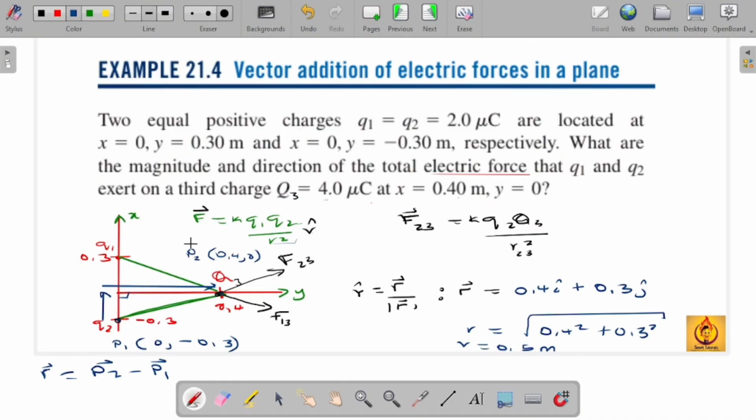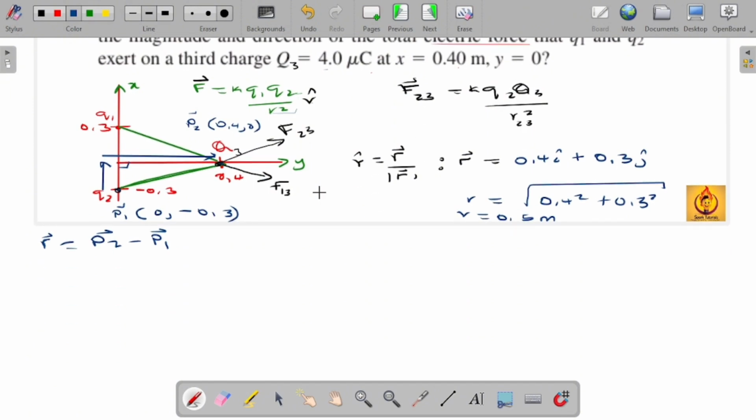Right now, P1 and P2 are called position vectors. If the coordinates of a point are used as a vector, you call them position vectors, because they tell you the position of that quantity. Now, point 2 is 0.4, comma 0.